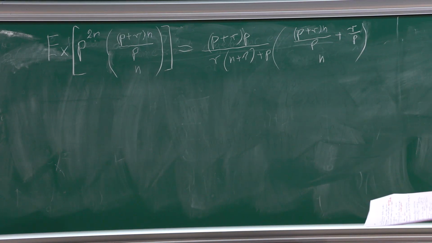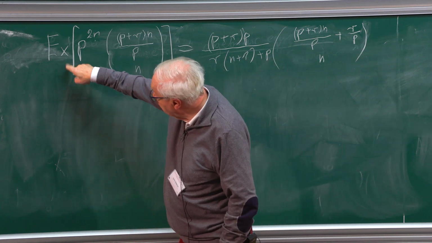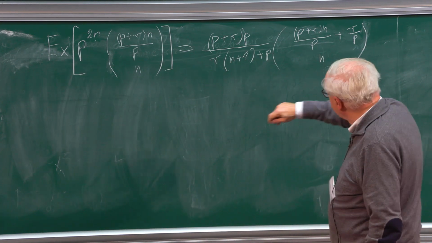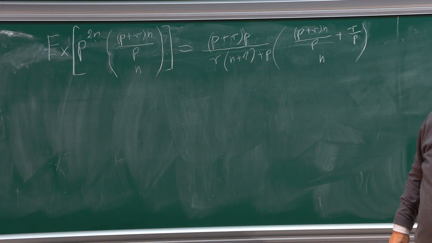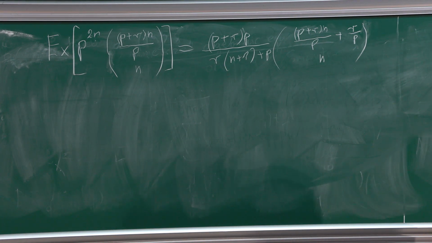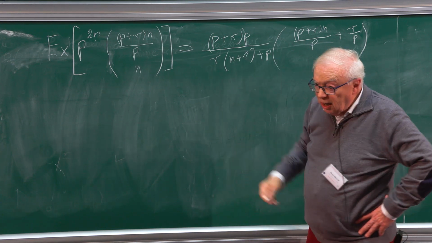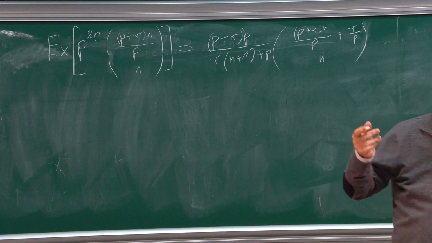Okay? And it turns out that this sequence, which is a result of transformation X on that, is also an integer sequence, which, however, for most of the values of P and R is not in the encyclopedia.